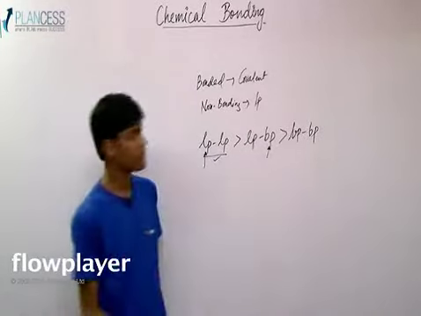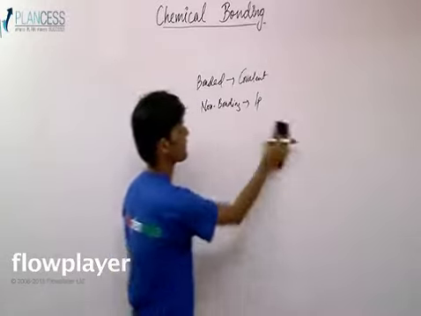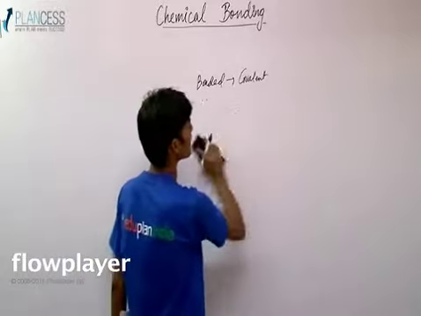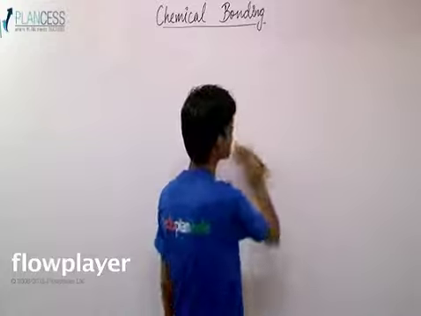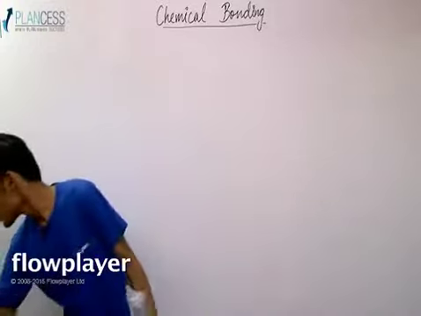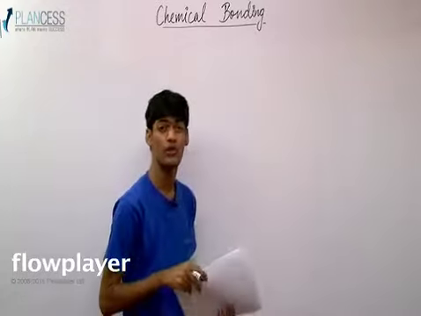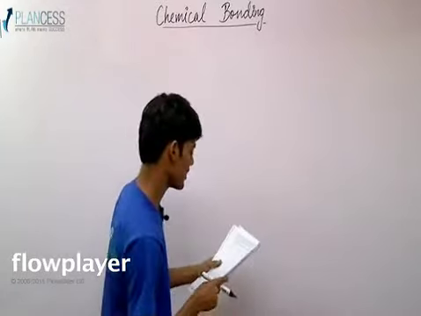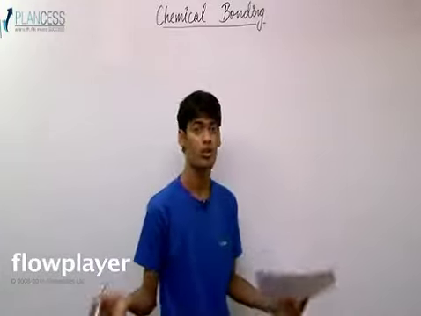Lone pair repulsion also distorts the geometry of the molecule. There can be two cases: either there is no lone pair or there are lone pairs. With no lone pair, it is a perfect geometry, but if some lone pairs are present, there is some distortion of the geometry. So let us first see the shape of molecules in which there is no lone pair present.